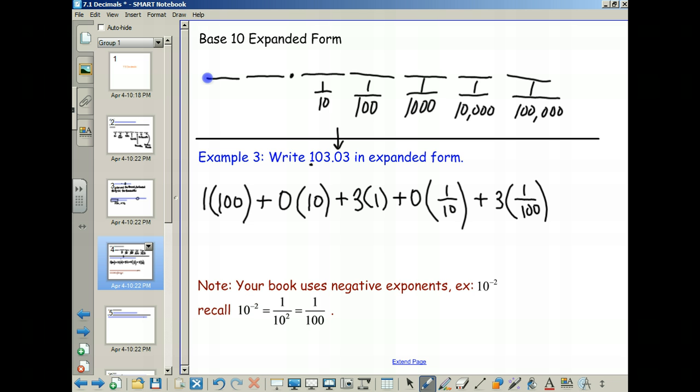I want you to be aware of this note at the bottom because your book does something, you know what, I didn't even look to see if this book's still doing it, but I'm pretty sure that they will. When they change the edition, I don't think they're going to change this. Your book tends to use negative exponents for these, so what you might see your book do is this. They might write this.